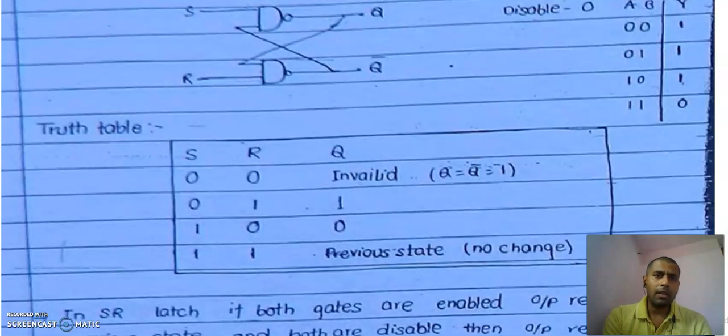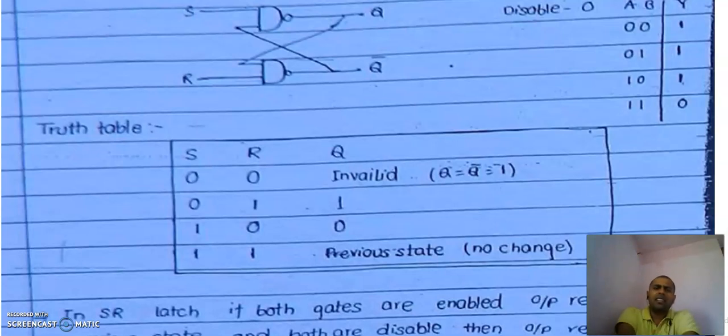So if S is 1 and Q bar is 1, we will get Q as 0. That means we are getting what we had assumed previously. If we assume 0, we get 0. If we assume 1, we get output as 1. That means in 1 1, we are getting the previous state, that is, no change in state when we apply S equal to 1 and R equal to 1.